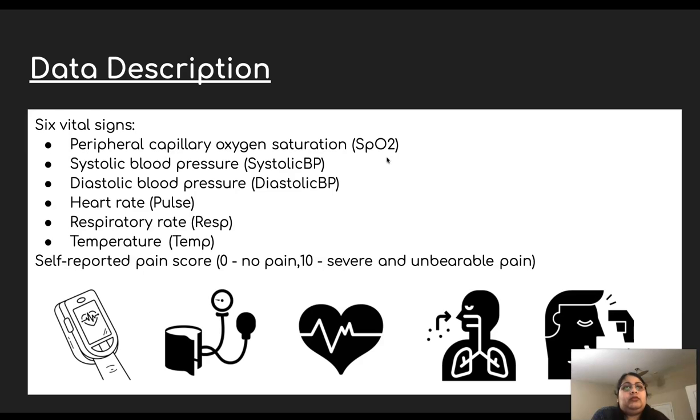Each record contained measures for 6 vital signs, which include peripheral capillary oxygen saturation, systolic blood pressure, diastolic blood pressure, heart rate, which is pulse, respiratory rate, and body temperature. Along with the vital signs, each record also included the patient's self-reported pain score, with an ordinal range from 0 indicating no pain to 10 indicating severe and unbearable pain.